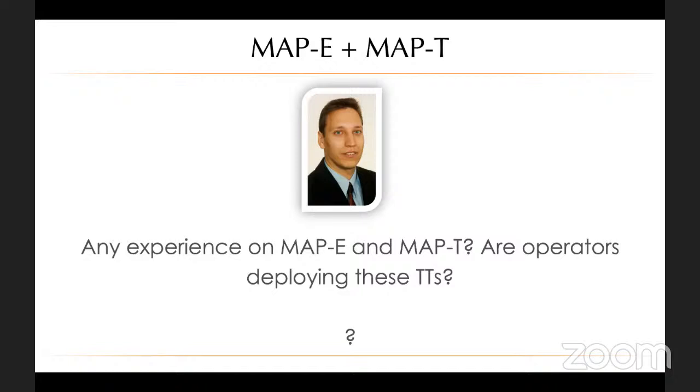Now, with MapE and MapT, there is one additional question, which is that the protocols define a kind of new addressing space, which is, instead of 32 bits for IPv4, 32 bits plus the 16 bits of the port numbers, because they are limiting the number of ports per customer. So you have a new kind of address, which is a 48 bit address, and that means that you need to define the addressing plan for your network depending on the protocol itself.